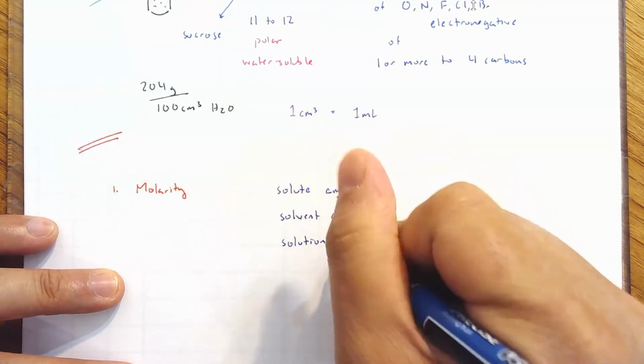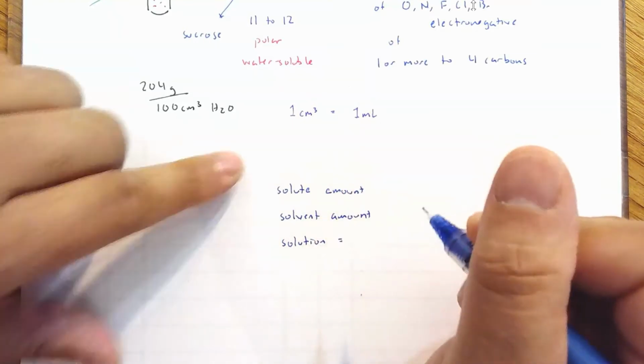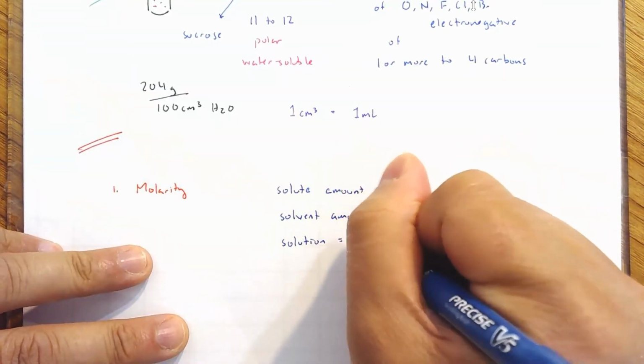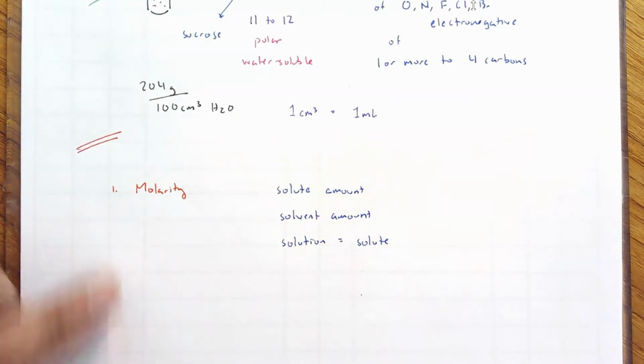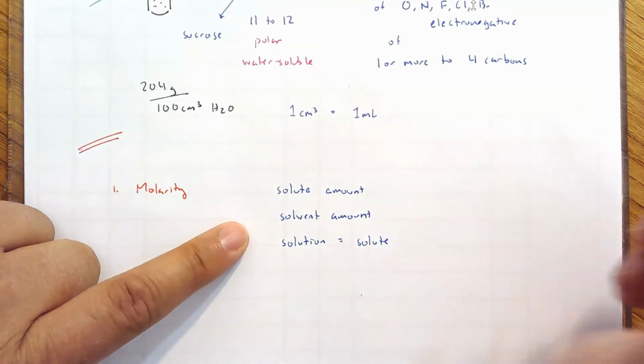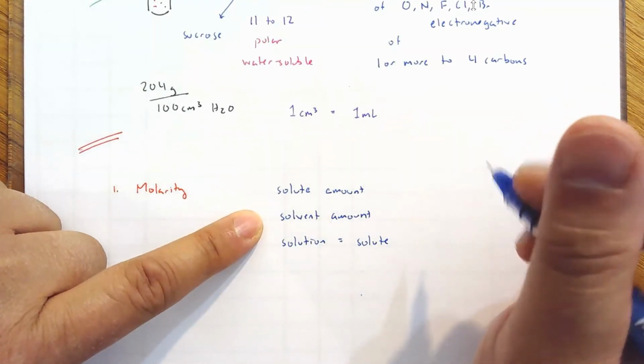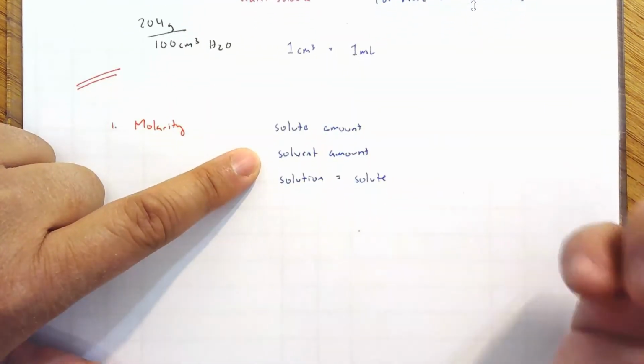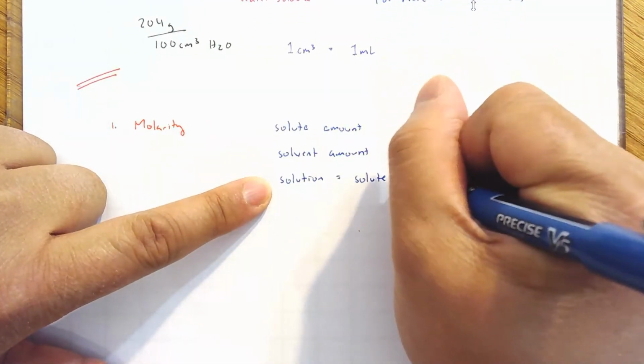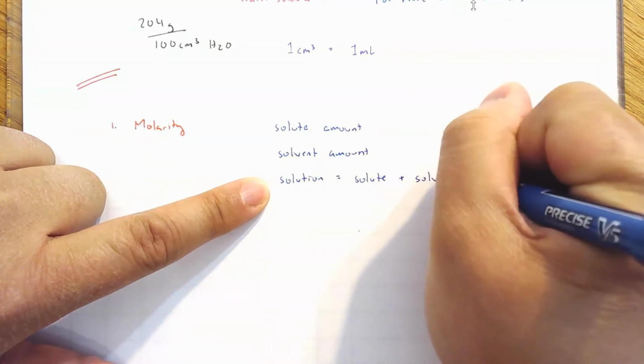Solution is solvent and the solute together. And that's going to be the case for molarity. We don't want the liters of solvent in the solution. We want the liters of solution, the solute plus the solvent.